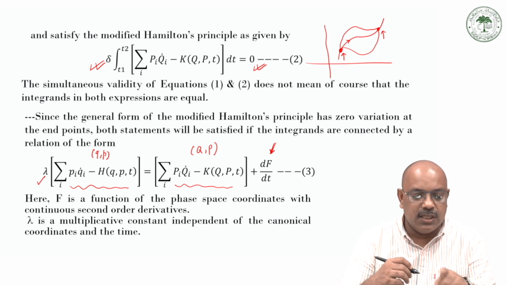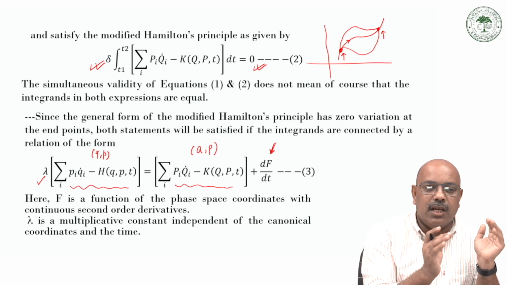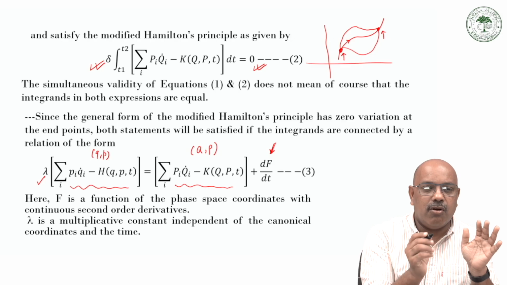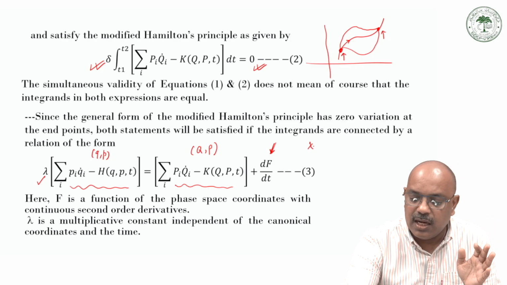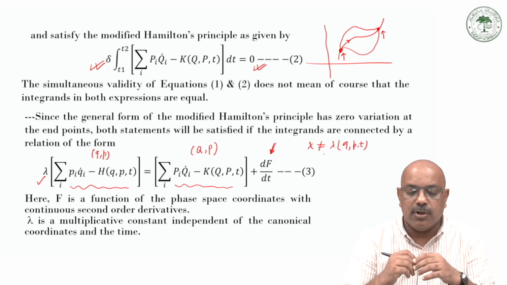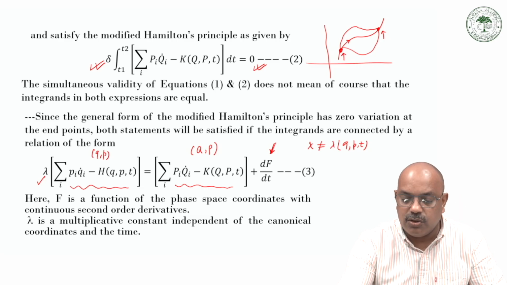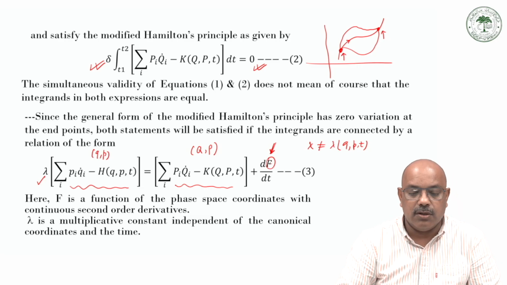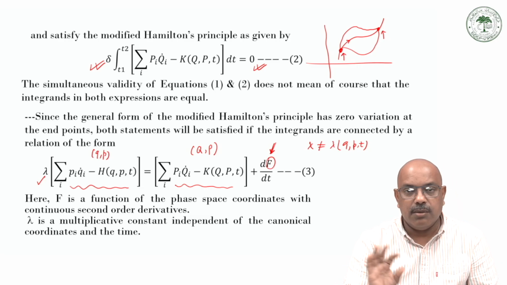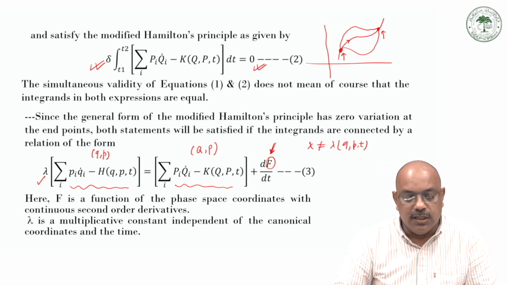So with this kind of mathematical transformation, if I multiply by lambda, this is a multiplicative constant which is independent of the canonical coordinates and time, that is, lambda does not depend upon q, p and t. It's just a multiplicative constant, but this F is going to depend on these. Okay, so it can depend on a mix of the original coordinates q as well as the new coordinates.